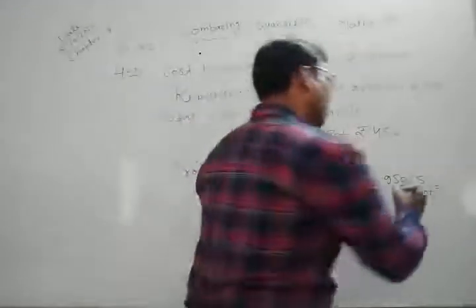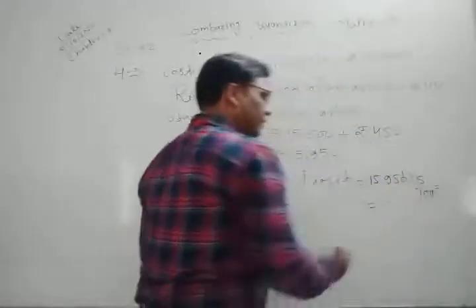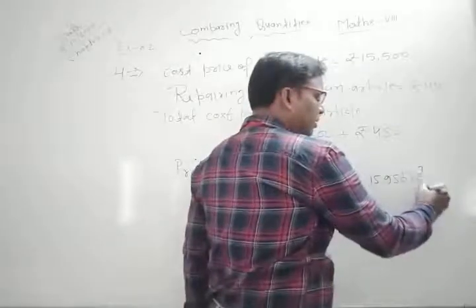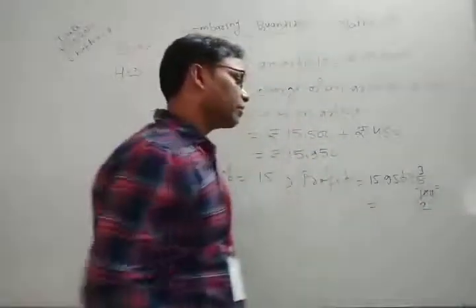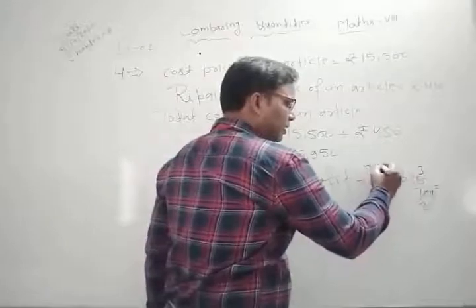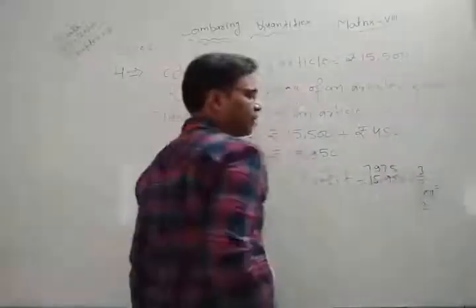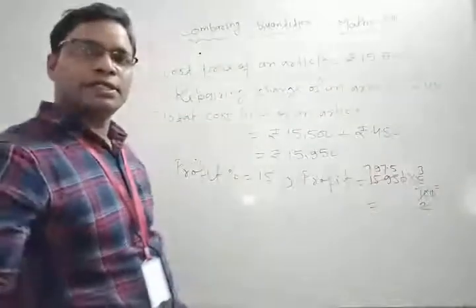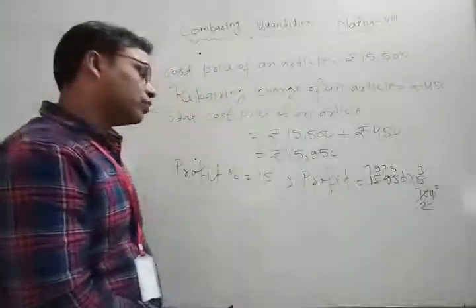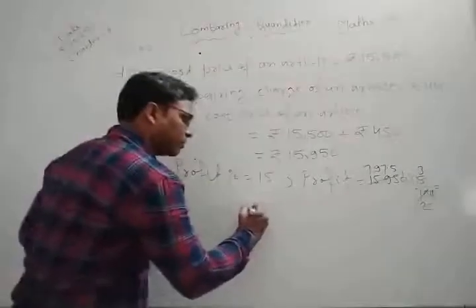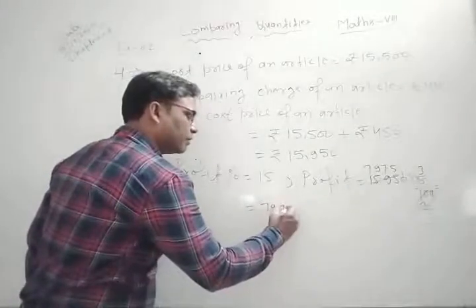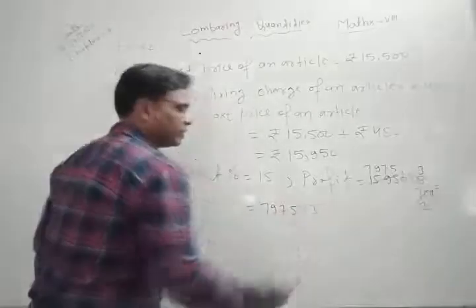The zeros cancel. If you divide by 5, we obtain 3, and by 2, we obtain this. Here if you divide, we obtain 797.5. So profit is equal to 797.5 into 3.